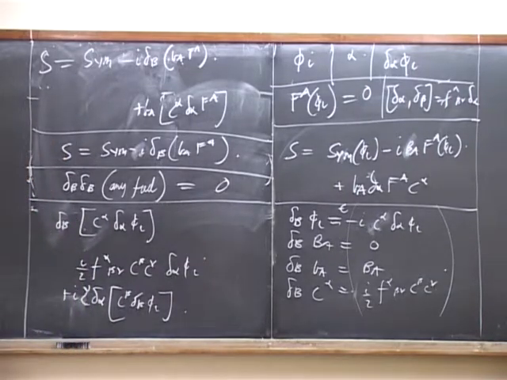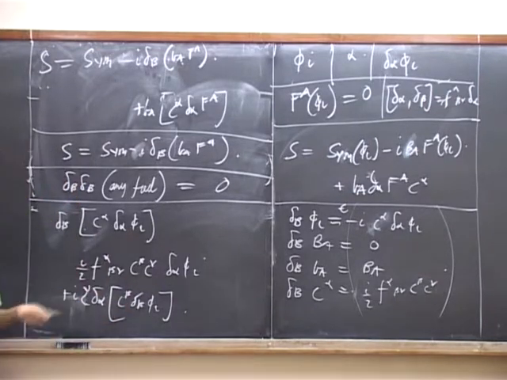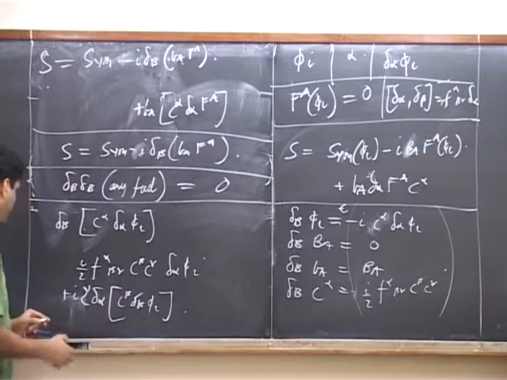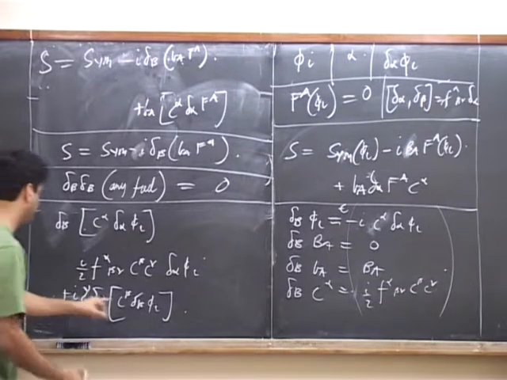And it's only the anti-commutator piece that survives because C is antisymmetric with itself. Is this clear? Oh, wait a minute. I'm sorry.